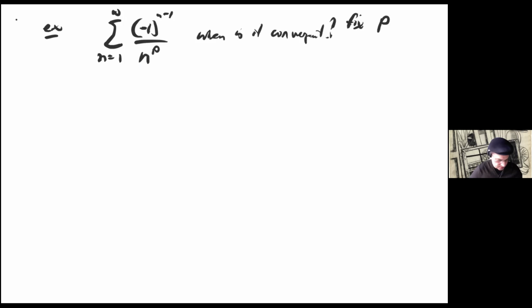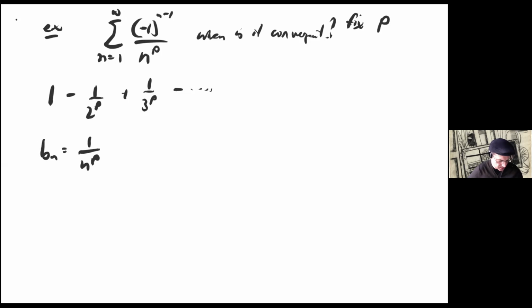So that's the question. Okay, so let me just write down the first few terms. It's 1 minus 1 over 2^p plus 1 over 3^p minus, etc. Okay, so b sub n is 1 over n^p. And the question is when is this decreasing?